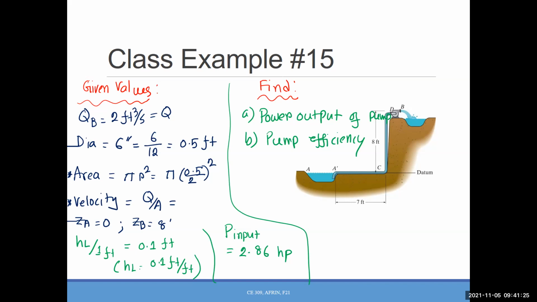Okay, what is the reason for that? Why can't we use Bernoulli's here? One of the main limitations of Bernoulli's equation is that it can't handle energy loss, or any addition of energy. We have a pump here, which is the addition of energy, and we have loss here. So Bernoulli's equation is not an option here.